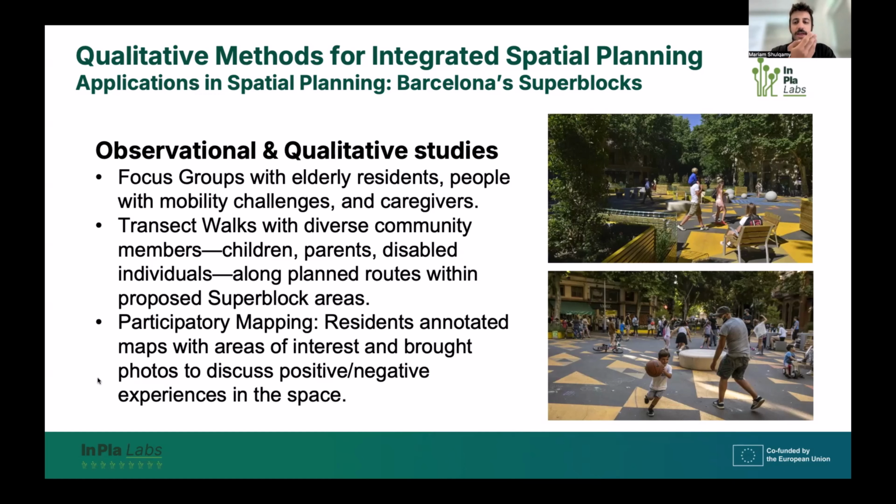So these insights help to shape more inclusive redesigns of the blocks, and it's important to note that qualitative methods were also used during the design process, but also afterwards in order to assess how successful individual iterations of the superblock project were.